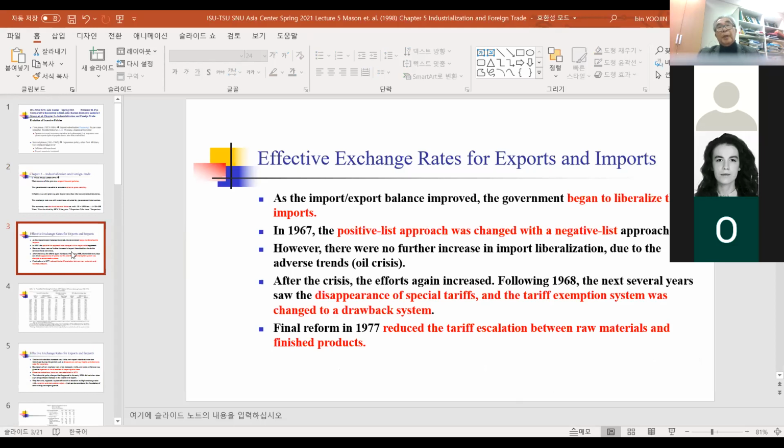As the import-export balance improved, the government began to liberalize imports. Why?